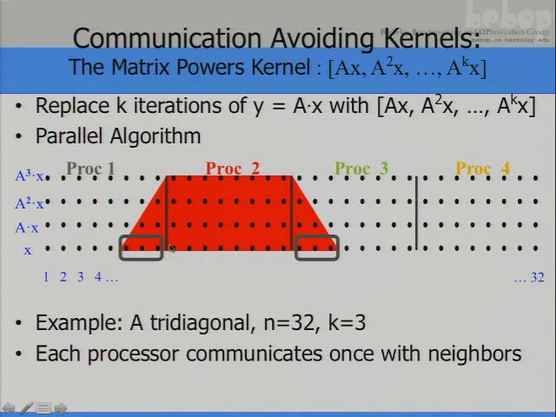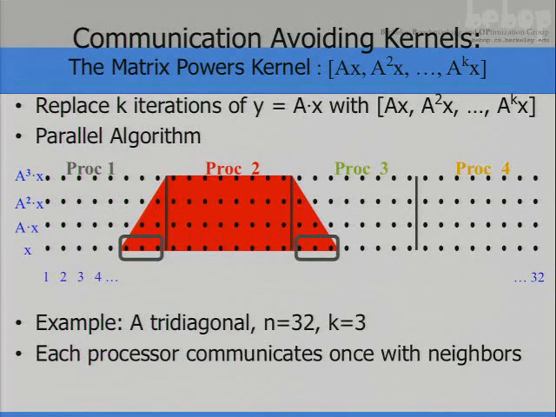So it's the same amount of data sent as before, but instead of sending that number and that number, I'm going to send that and that. It's the same amount of data, 3 numbers, but it's sent in one message instead of 3 messages. And so with one message at the beginning, processor 2 can now compute everything in that red trapezoid.